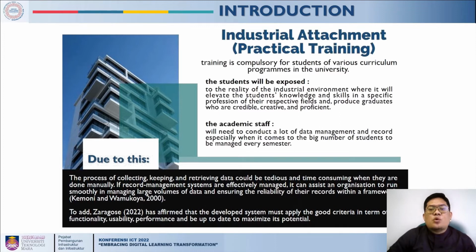One of the IT solutions that we can come up with is the development of an automated system. To add, Zaragoza 2022 has affirmed that the developed system must apply good criteria in terms of functionality, usability, and performance, and be updated to maximize its potential.